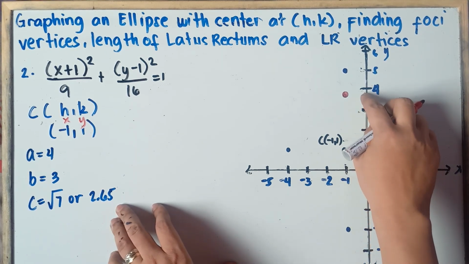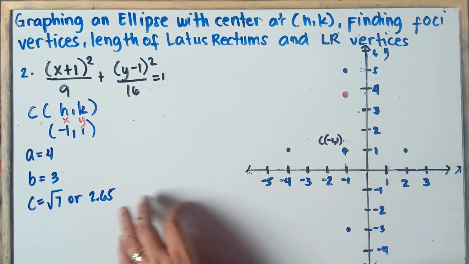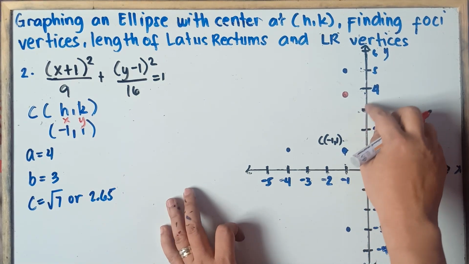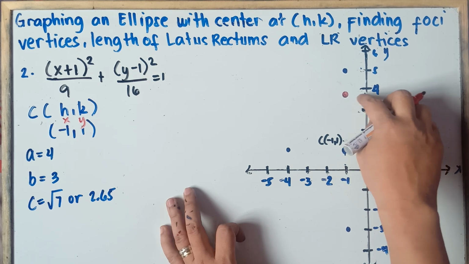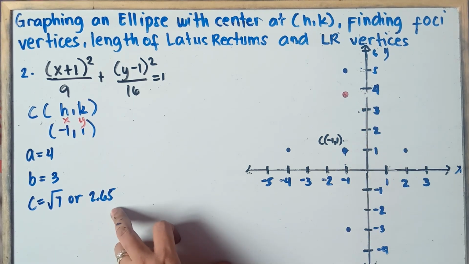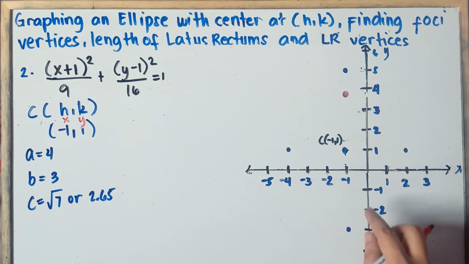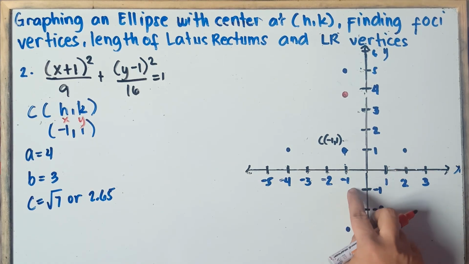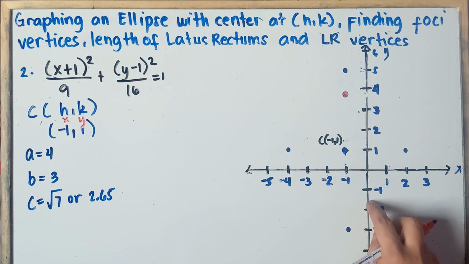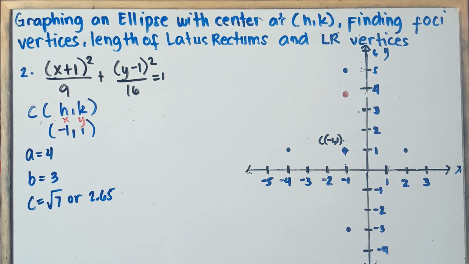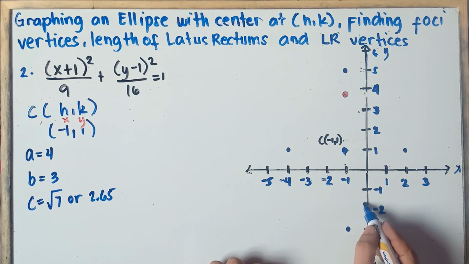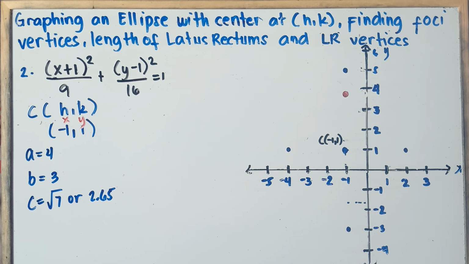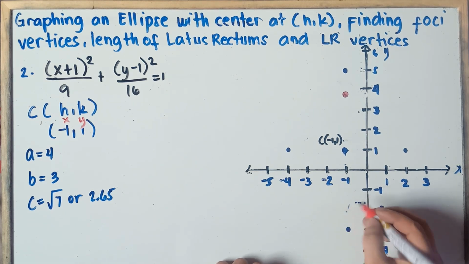Alright, and then downwards, 1, then 2, so this is 0.5, this will be 2.65. Simply estimate, class. More than 0.5, so that would be 2.65, 0.65 right here.